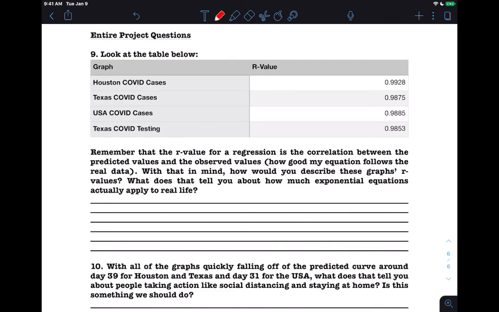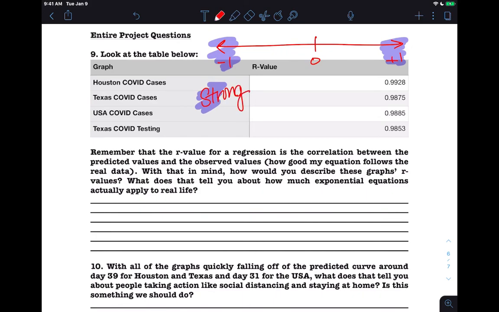Remembering that for R values on a scale, if they're real close to 1 or -1, these guys are strong. But if they're closer to 0, somewhere here in the middle, these are weak.